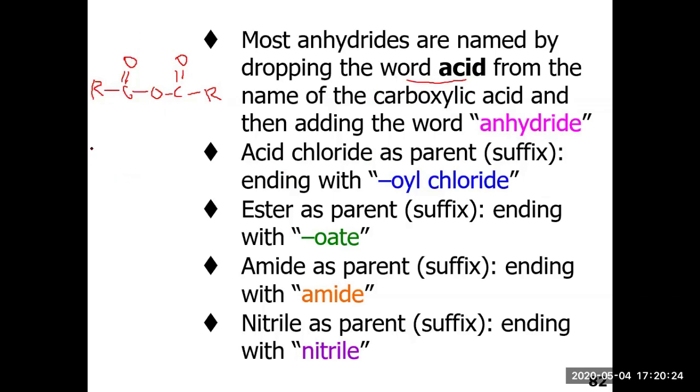Acid chlorides basically have the acyl group, this R, C double bond O, and we have here a halogen. If the halogen is a chlorine atom, then this is called an acid chloride, and the name ends in oyl chloride. If this is a bromine atom, then it's called an acid bromide, and the naming ends in oyl bromide.